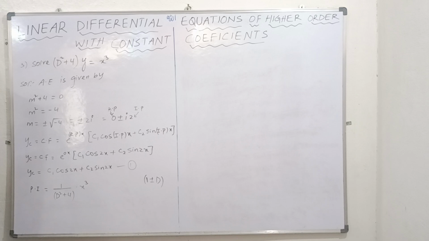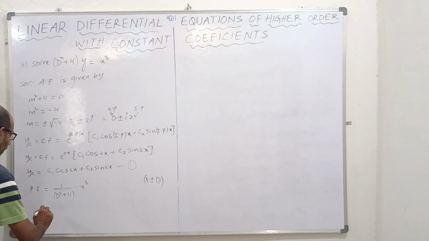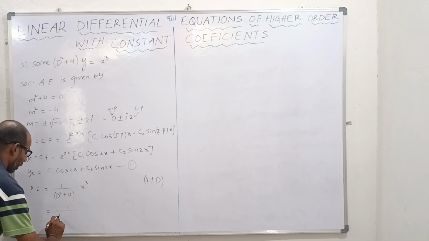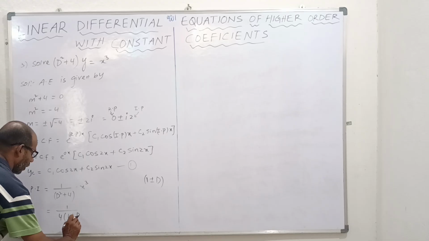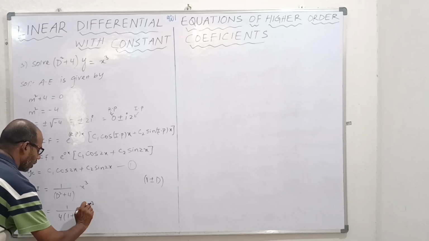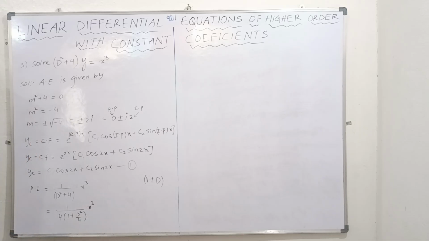Here 4 is a constant, so we will take it outside. Therefore 1 by 4 into 1 plus d square by 4. If I take 4 common, 4 into 1 is 4, and 4 into d square by 4 is d square. So both are the same.